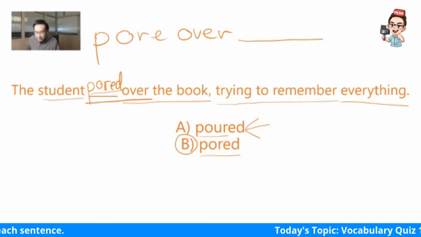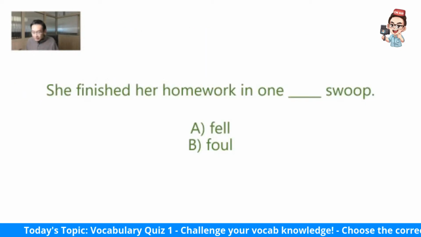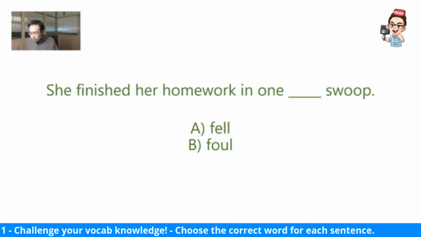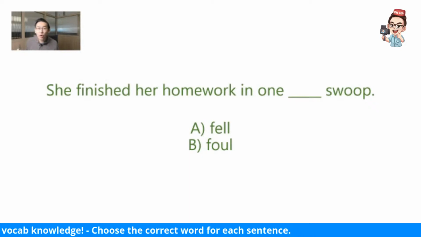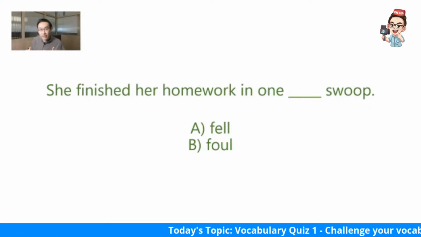Okay, so let's go back to our sentences. I think there are two more. This one, okay. So I'll give you a hint. This one is also a phrase, okay? It's a phrase, so you can't just translate one word. To choose the correct answer, you need to think of it as a phrase.